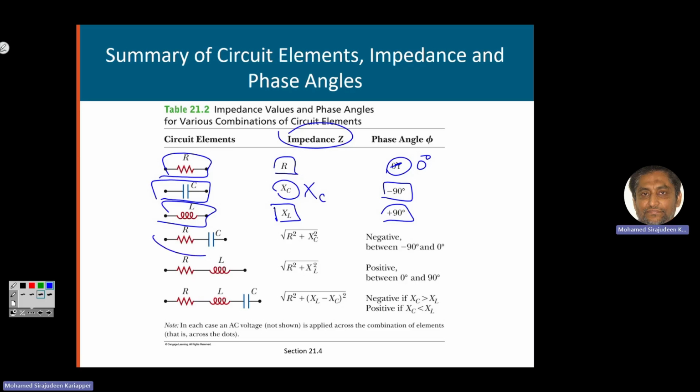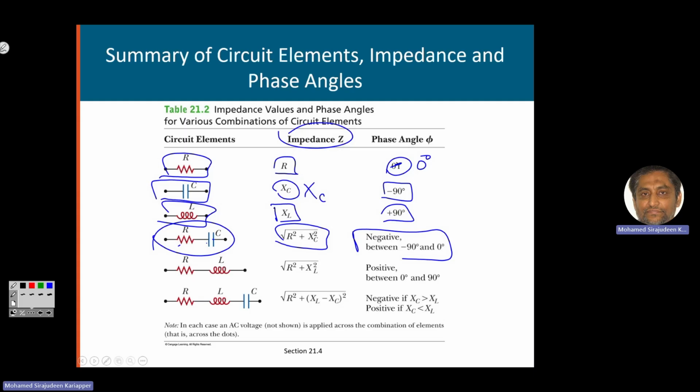Then we can have a combination like this. We may have a resistance and a capacitor, no inductor. That will make the impedance to be this, because there is no XL. This time we have only a capacitor, so the voltage is behind, and the phase angle is going to be negative, but not negative 90.